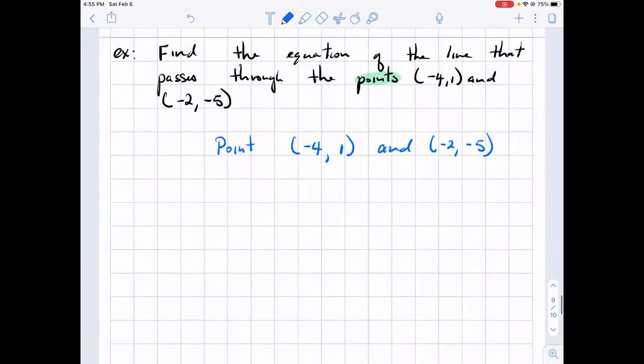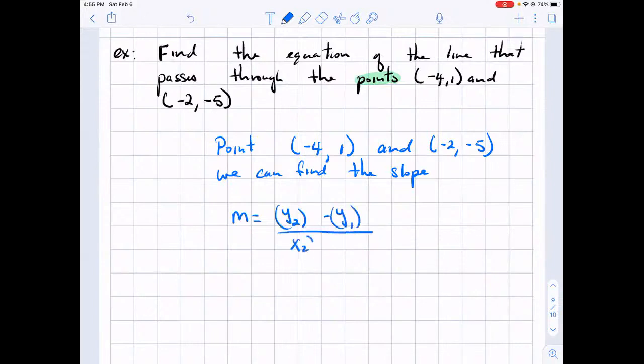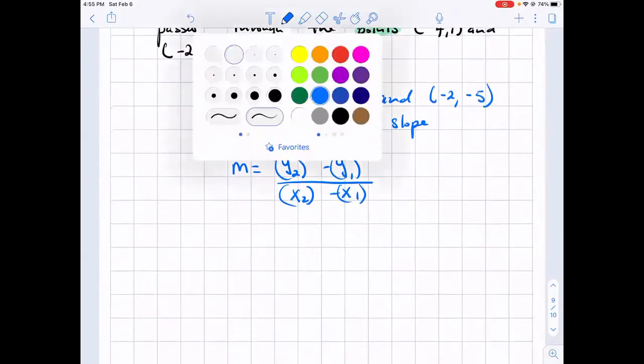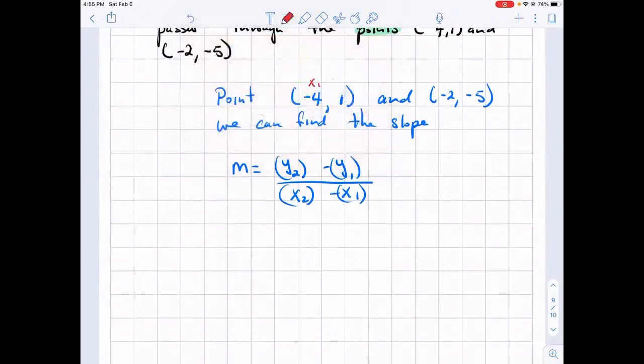But with 2 points, we can find the slope. Okay, so the slope formula m is equal to y2 minus y1 divided by x2 minus x1. So I know that I'll call this x1 y1, x2 y2. And I can plug in my numbers.